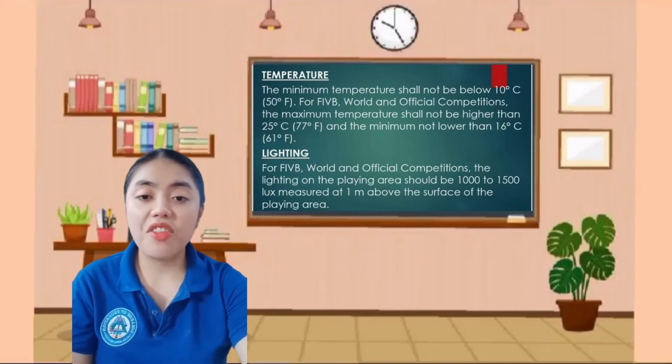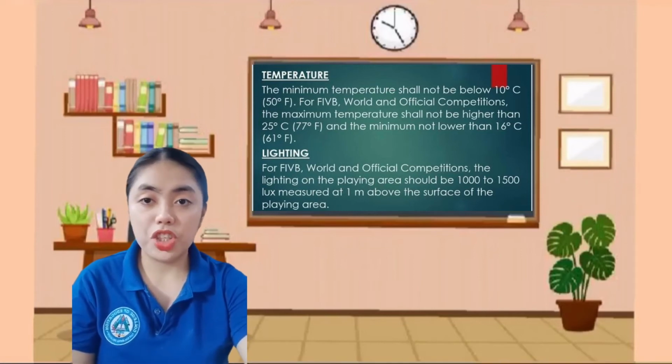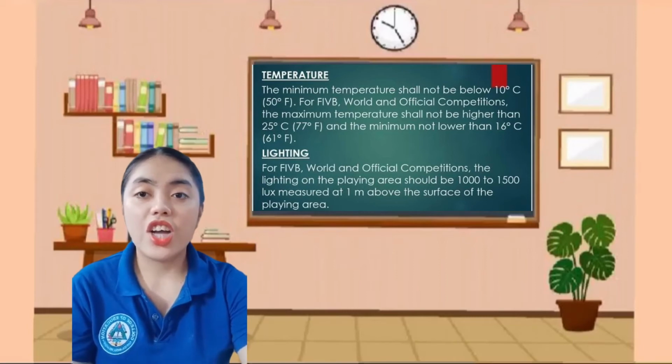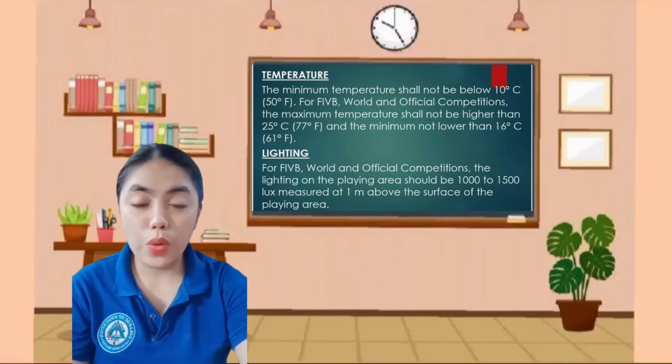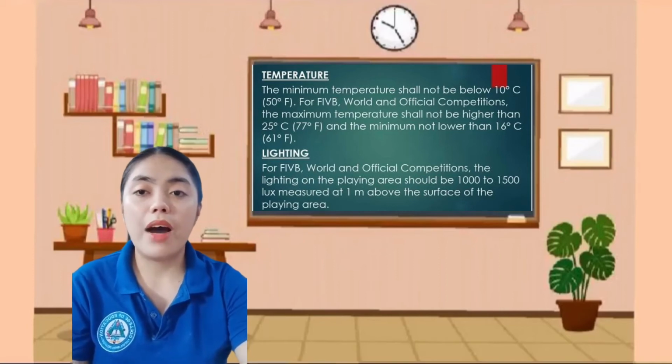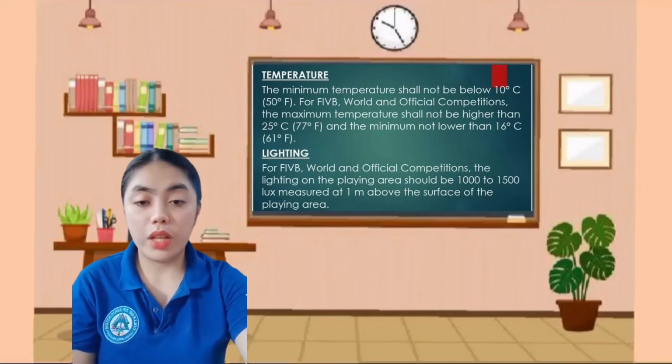Lighting. For FIVB World and official competitions, the lighting on the playing area should be 1,000 to 1,500 lux, measured at 1 meter above the surface of the playing area.